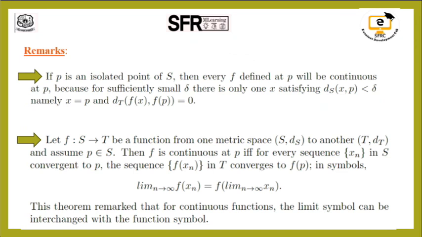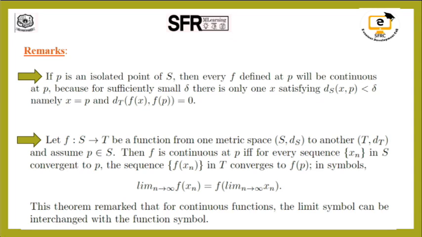The next remark: if we have a function f from S to T, where S and T are two metric spaces, and a point P in S, then the function f is continuous at P if and only if every sequence xn that converges to P in S has its image sequence f of xn, in T, converging to f of P. In symbols, the limit as n tends to infinity of f of xn equals f of the limit as n tends to infinity of xn.